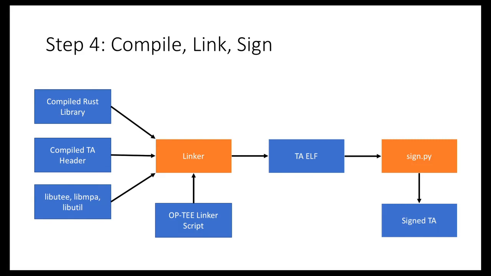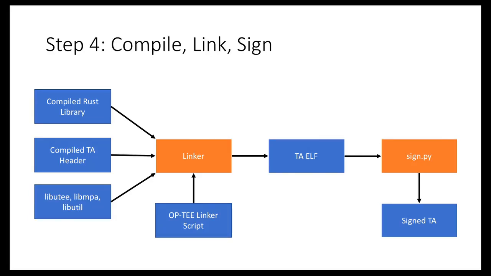And the last step is to get this whole thing built. And if you've dealt with the joy of linkers, this is a little bit of a challenge to get working the first time, and then once it works, you never want to touch it again. But what we end up with is a compiled Rust library, and then there's some other pieces to this.